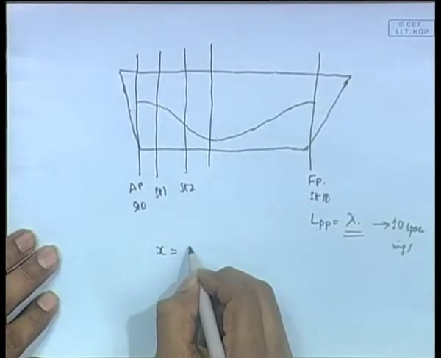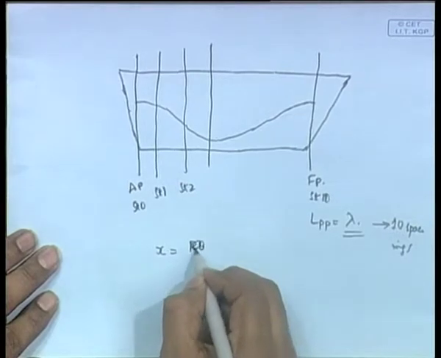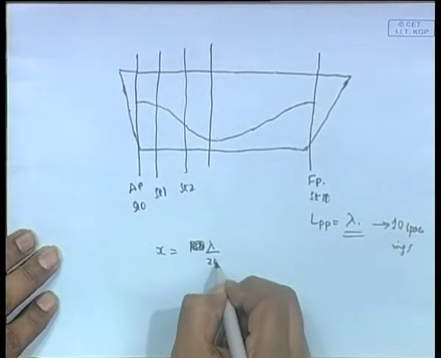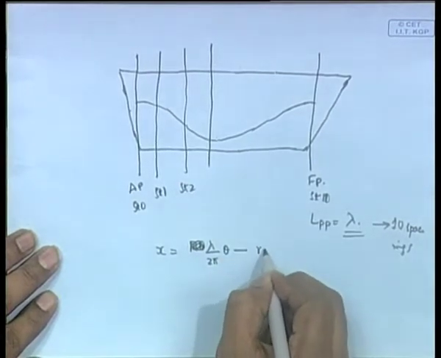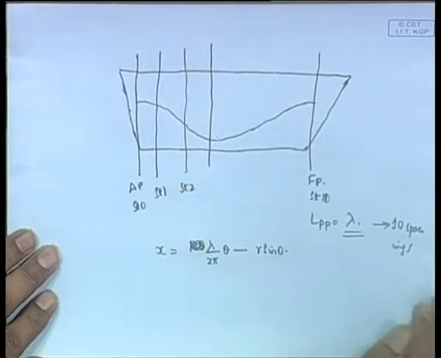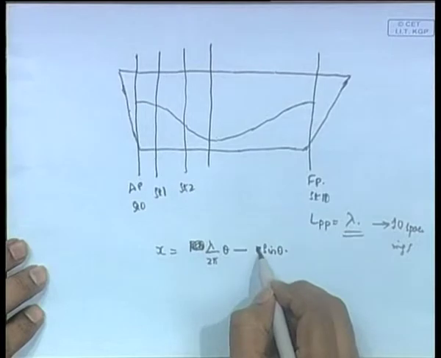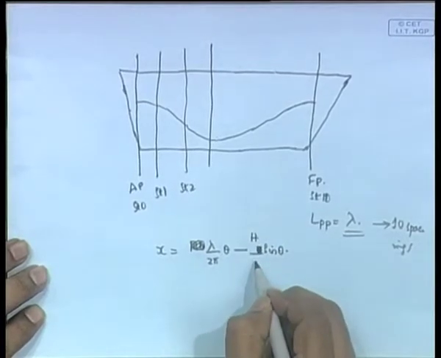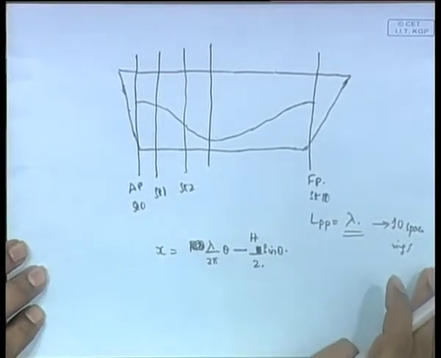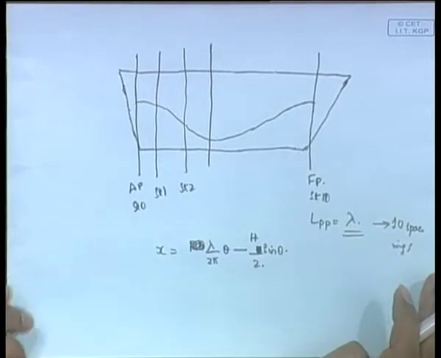Now the next step is, we have already got these expressions, x is equal to lambda by 2 pi theta minus r sin theta. Now r is equal to h by 2, we have already seen that.